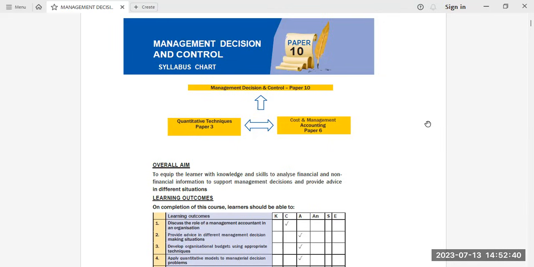The way it was is the same way it is even for the new syllabus. So what that means is that the same things we've been looking at are the same things that we are going to still look at and be able to understand and apply as we go on.